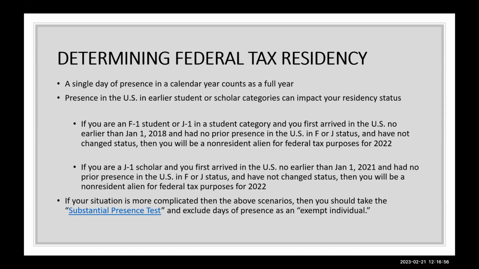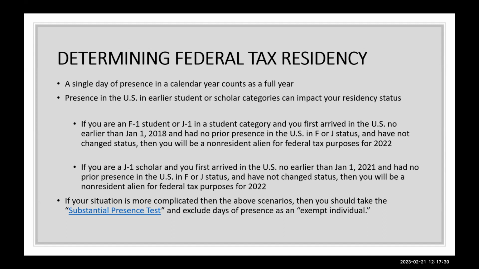That's a full year of presence. So it doesn't matter how short a time period. If you're there at least 1 day for that calendar year, then that's one of the calendar years that applies to you for purposes of being an exempt individual. And of course, if you were here earlier in student or scholar status, that can also impact the result of your substantial presence test.